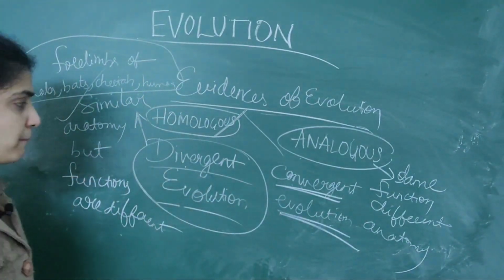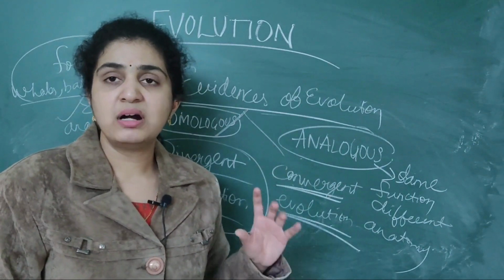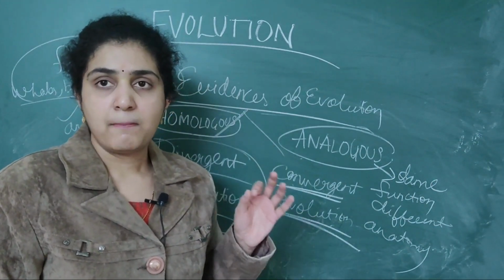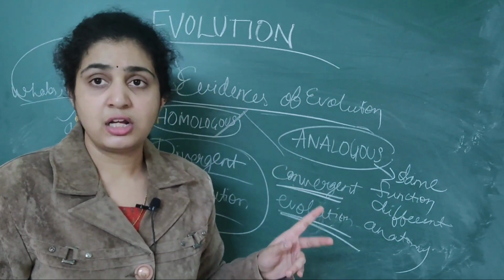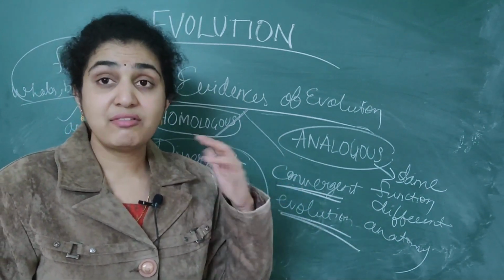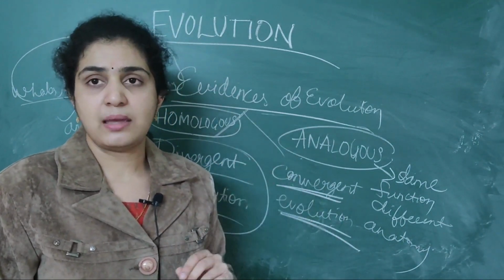Now come to examples of this. Suppose the wings of birds and butterflies. Birds are different, butterflies are different. They will just look alike, but they are not alike. But their function is the same.